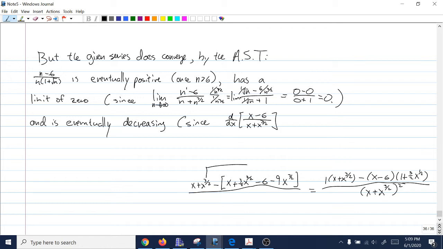So I got this minus this, so the x minus x cancels. This is going to be negative 1 half x to the 3 halves plus 6 plus 9x to the 1 half, over something squared.